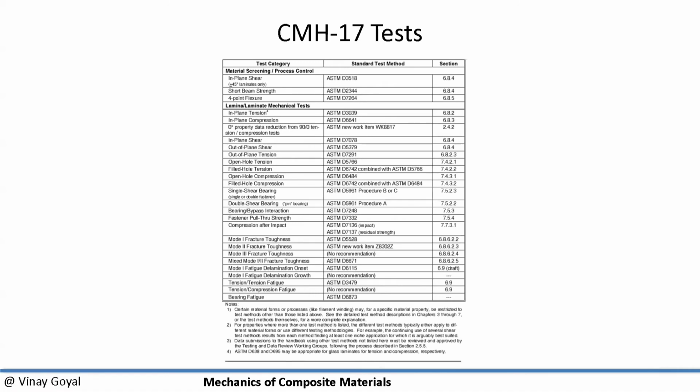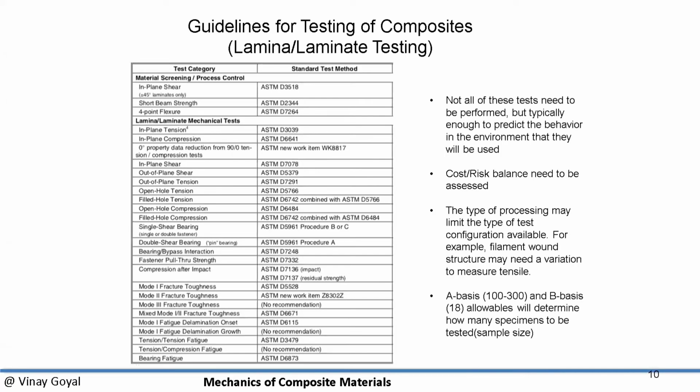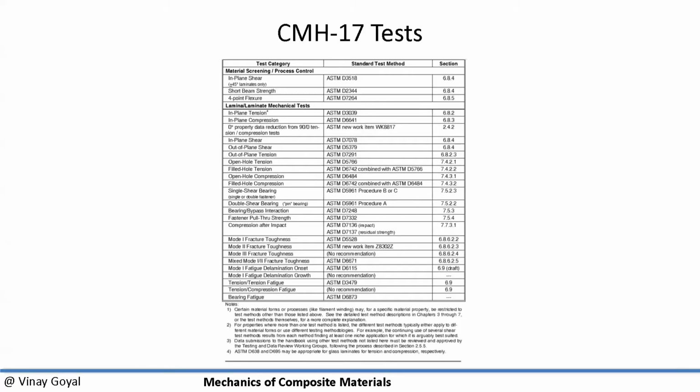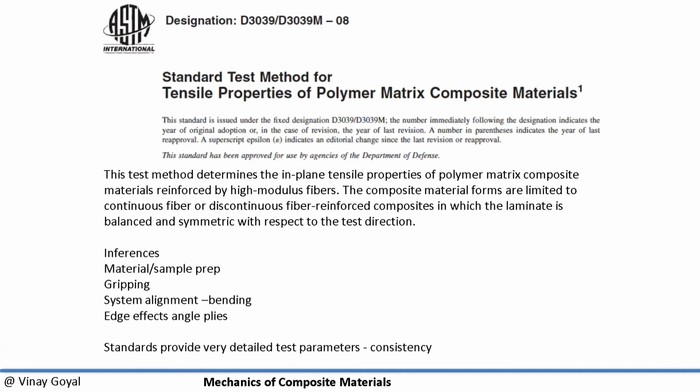The Composite Materials Handbook 17 has some of the tests listed. So what I've done is shown you a zoom of where that came from, just to keep you apprised about the things in there. The standard test method for tensile properties of polymer matrix composite materials, which is the D3039, is intended to find the modulus, for example.